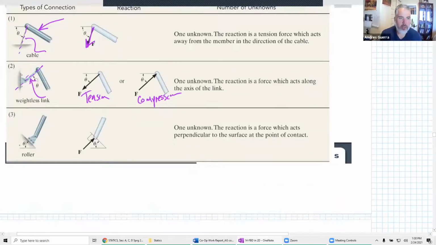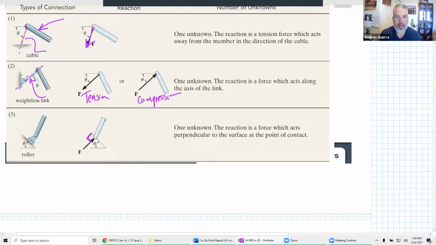Here's our roller, and they're showing us a roller on an incline. Same idea though. What's it allowed to do? It's allowed to move up and down that incline. It's just not allowed to move perpendicular to the incline. So we see a force, and notice that that force is perpendicular to the incline.